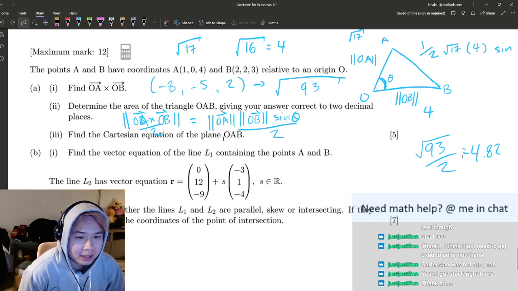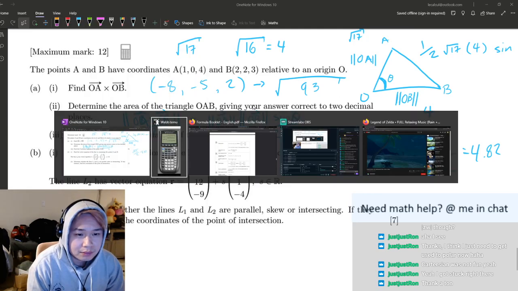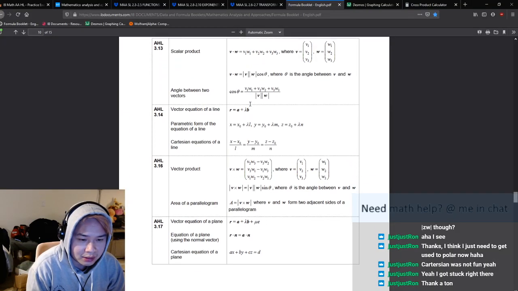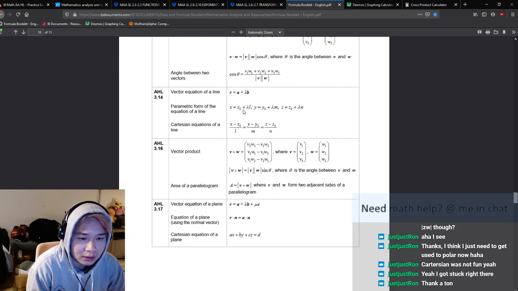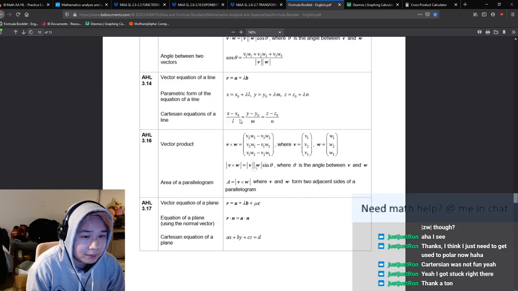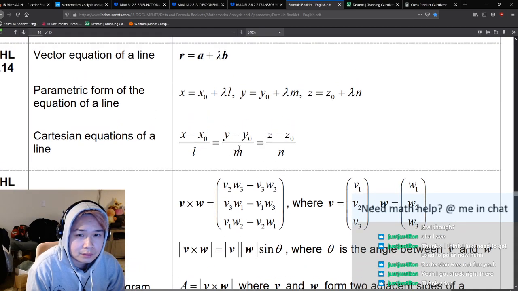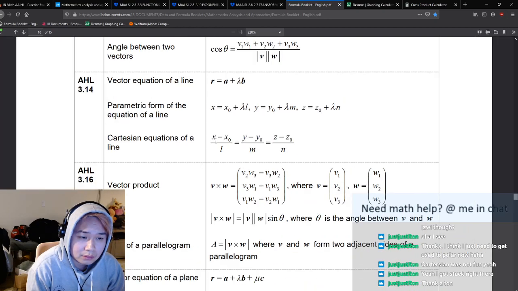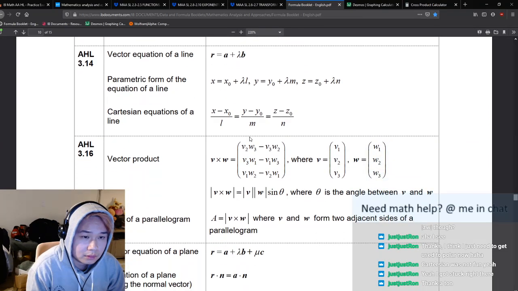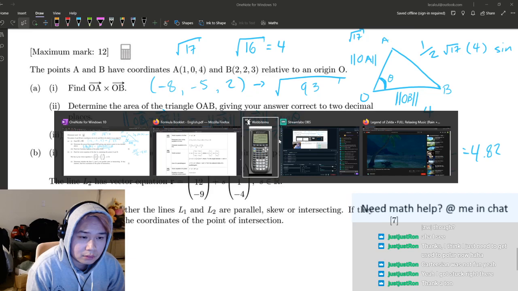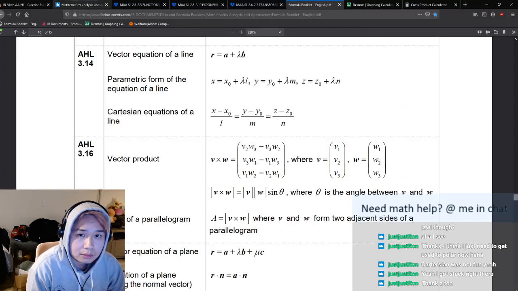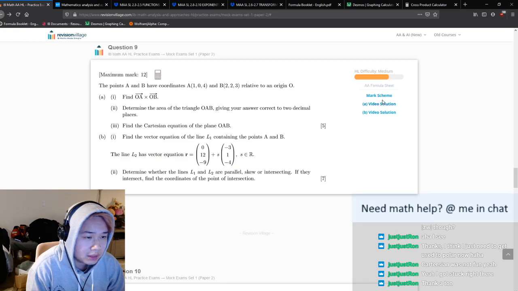Okay, and then we need to find the Cartesian equation of the plane OAB. So this makes a plane, and my Cartesian equations are always so rusty, but it looks like this. So I'm going to cheat.